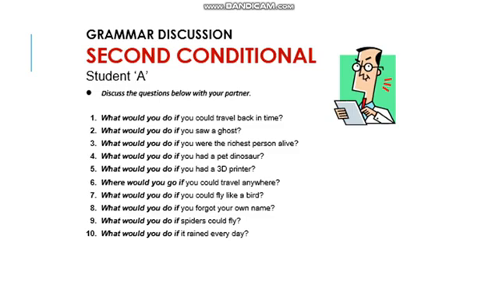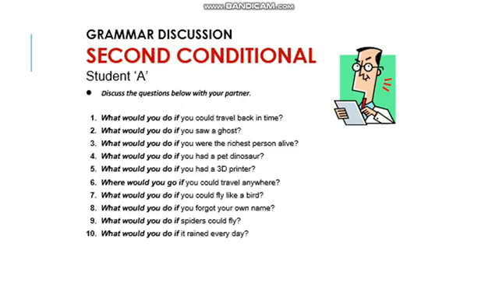Next, what would you do if you saw a ghost? I would get scared if something. And the last one, what would you do if it rained every day? I would do something if it rained.